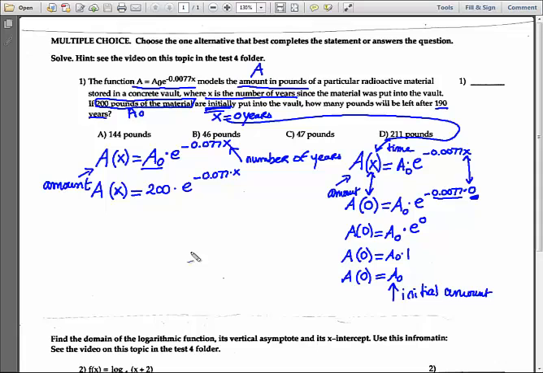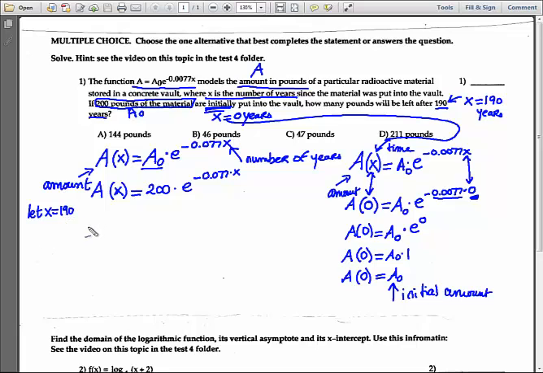Now, they're asking how many pounds will be left. So what is the amount when we have 190 years? Now they're telling you a time. So x is equal to 190 years, and they would like to know the value of the function A in terms of x when x is 190 years.